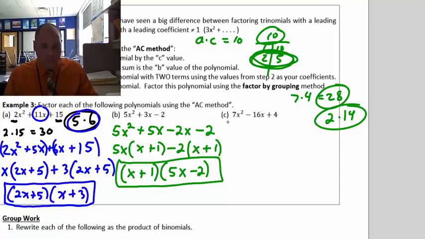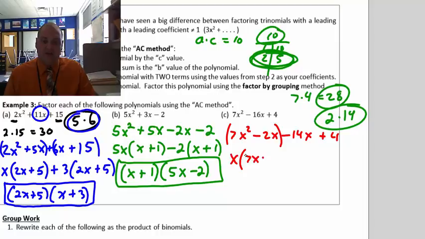So we're going to change colors again. We're going to go 7x squared, minus 2x, minus 14x. You've got to go negative, negative to make the negative 16. And then plus 4, keep that the same. So what's the common factor here? We're going to group it, right? Common factor is x, leaving 7x minus 2.